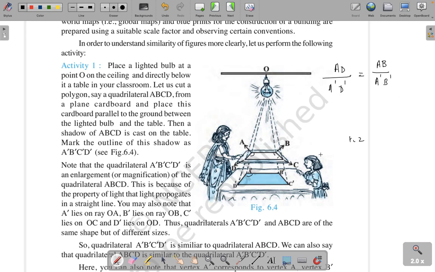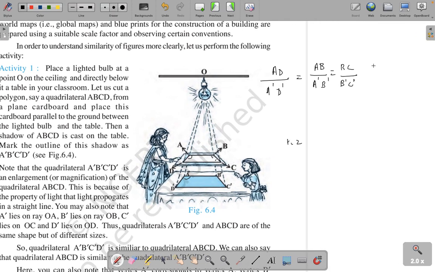This is the first criteria, and it should be satisfied by all the sides: BC upon B dash C dash, and CD upon C dash D dash. And then angle A should be equal to angle A dash, angle B equal to angle B dash, angle C equal to angle C dash, and angle D equal to angle D dash.